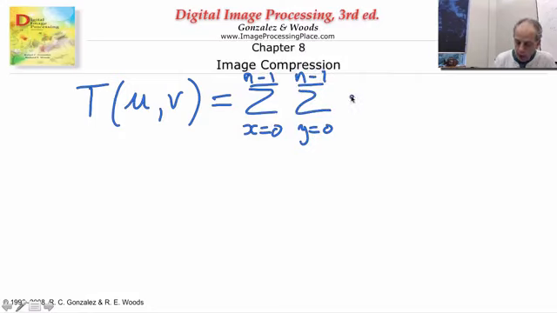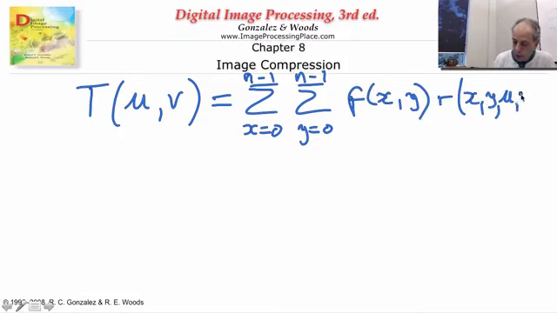And we are going to take our image f and multiply by transform coefficients. I have to give you the formulas for what these numbers are for the DCT, the discrete cosine transform.